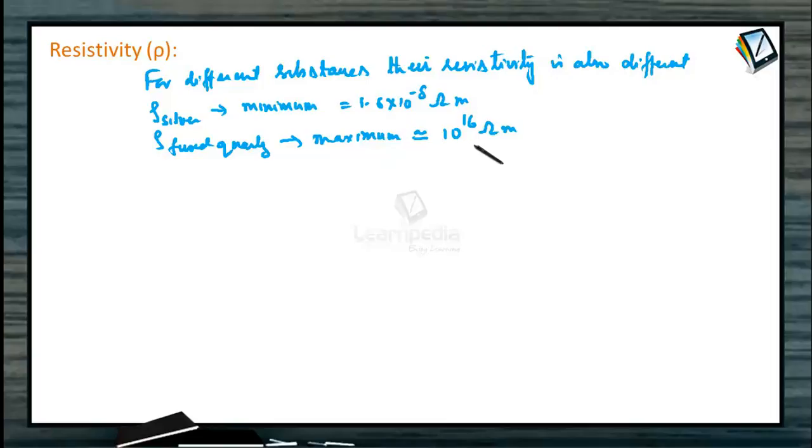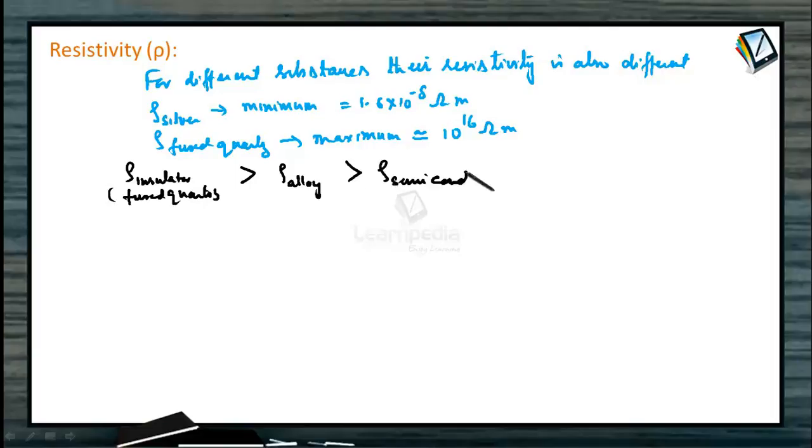Then comes resistivity of alloys, then semiconductors, then conductors, which is minimum for silver. So the order is: insulator, maximum for fused quartz, is greatest, then alloy, then semiconductor, then conductors, and minimum for silver.